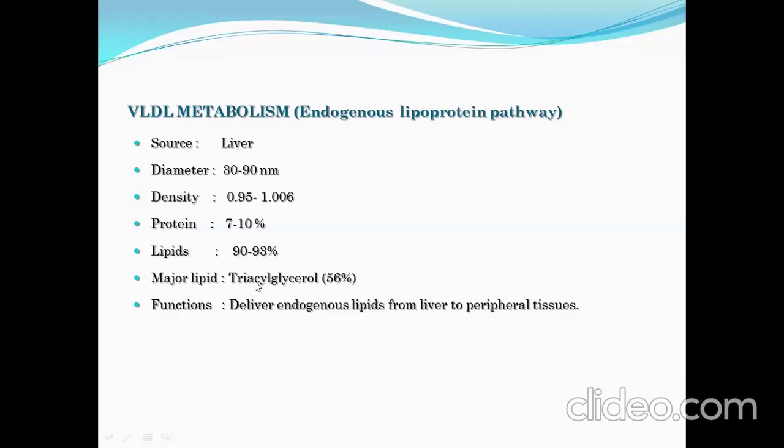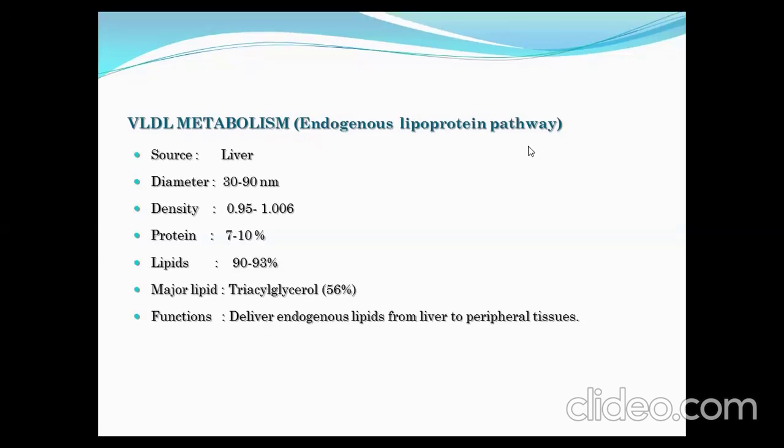So the major lipid is triglycerides. Previously, in chylomicron also the major lipid is triglycerides, but that is about 88%. Now that gradually decreases, that is about 56% major lipids.